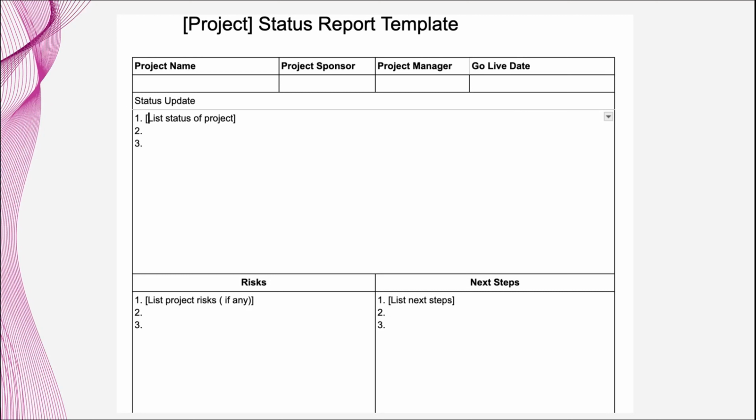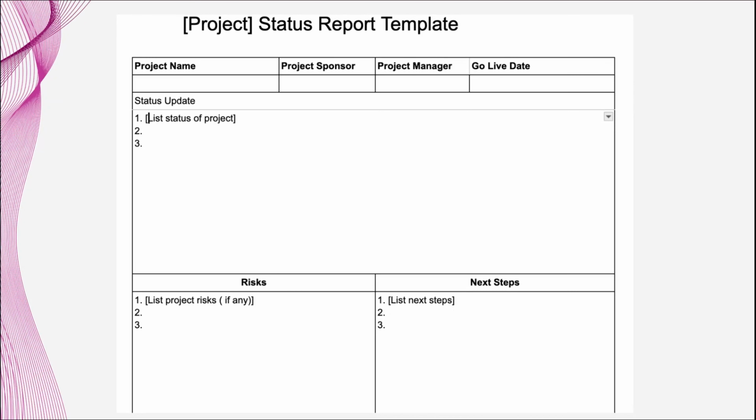And this is what it looks like. You do want to make it as simple, concise, and straight to the point as possible, because most of the time, high level stakeholders and executives don't have a lot of time to read long drawn out project status reports.